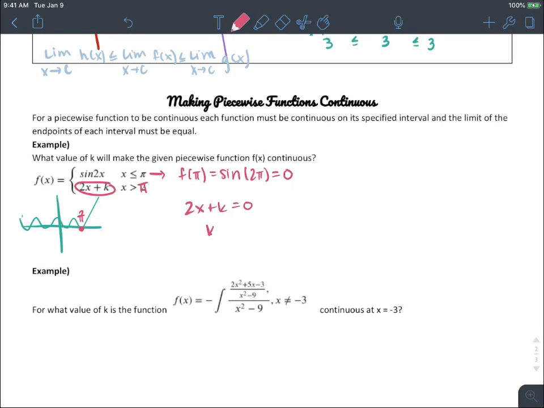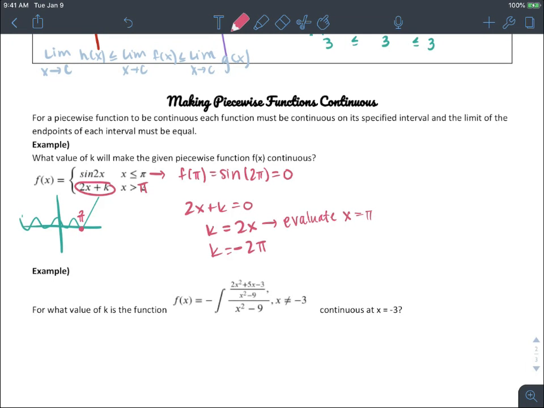And I go ahead and just solve. I get k is equal to negative 2x. But then I'm like, wait, I need to evaluate. I'm specifically saying that I want to evaluate at the point when x is equal to pi. So k is going to equal negative 2 pi.